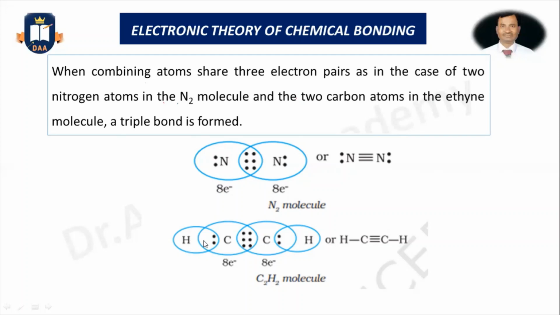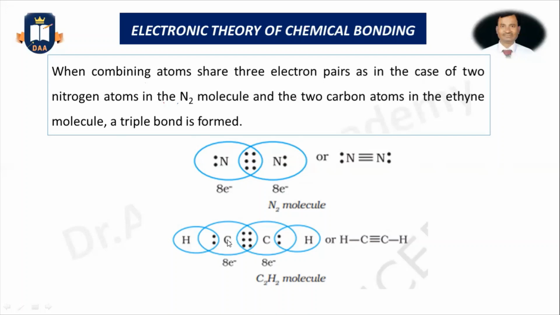So each hydrogen atom and neighboring carbon atom share their electrons to form the octet for each of them. So here also for this carbon, see 1, 2, 3, 4, 5, and 1 electron of the left side carbon atom is shared with the hydrogen atom to form the single bond between hydrogen atom and carbon atom.